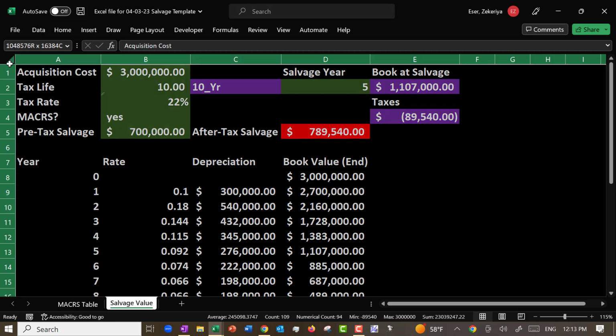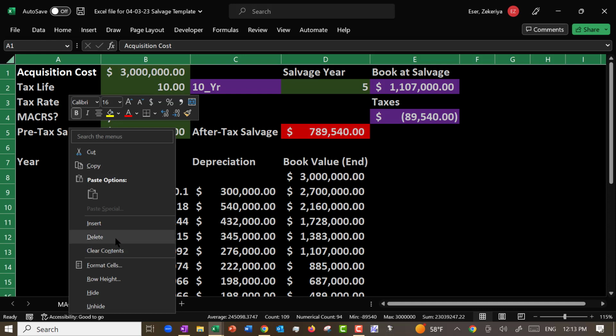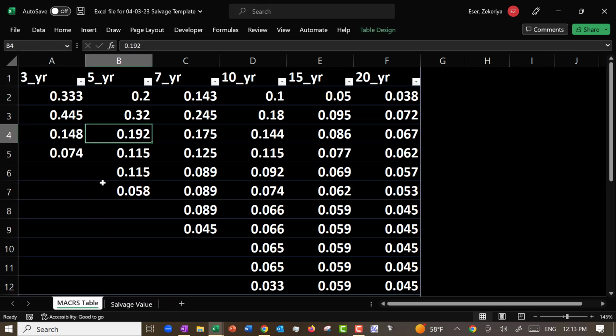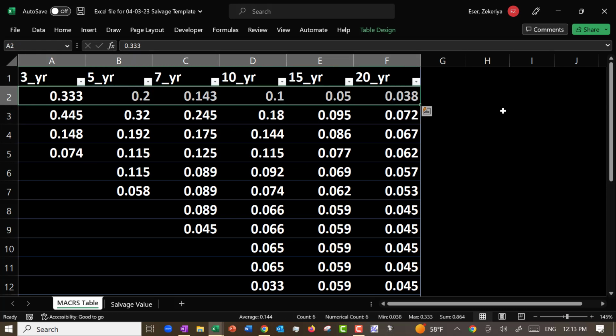These are the percentages for 3 years. It's a 3-year MACRS table, but technically you write off everything in 4 years. And the first year is almost always equal to what you would have done under straight line depreciation.